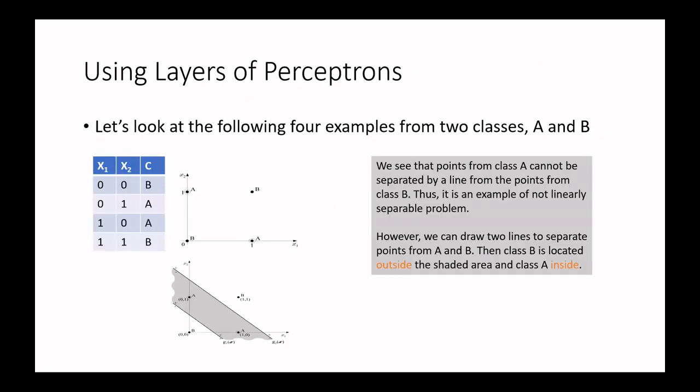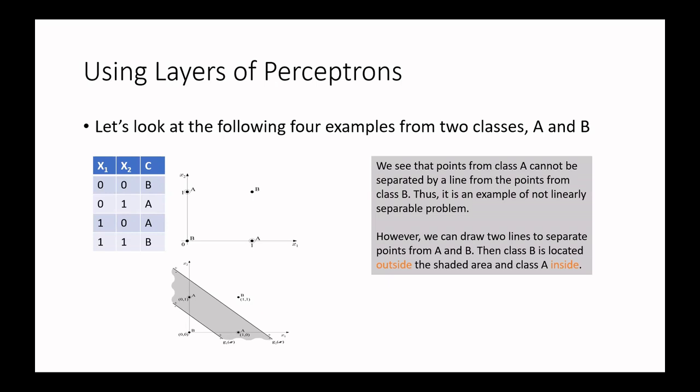Let's look at the idea of using layers of perceptrons. Let's take a very popular example, which is called exclusive OR logic. Basically you have 4 observations, and these observations are sitting at opposite ends, as shown in the picture here.